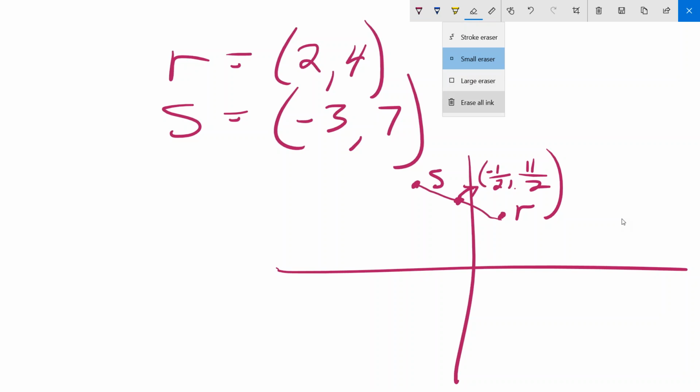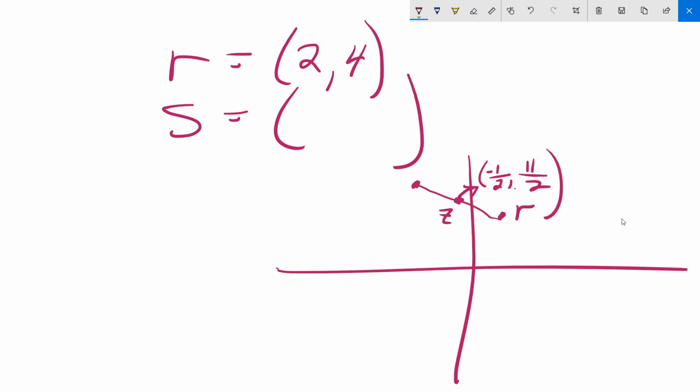Now, let's just talk for a second. What if they gave you, we'll call that Z, the midpoint, and they gave you R, but they didn't give you S? Because that's the other type of problem you're going to get, where they give you one endpoint and the midpoint, and they want you to figure out the other endpoint.